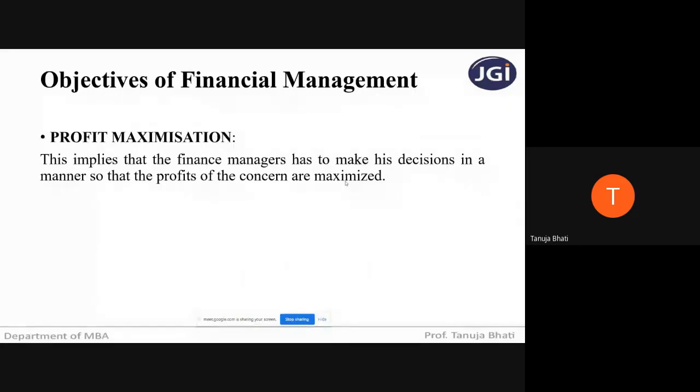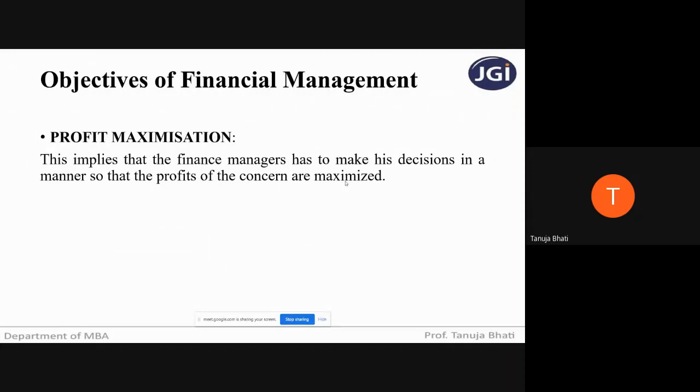So what happens in this? The financial manager will always make his decision in any field of finance only with one thought in his mind, that with this investment my profit should be maximized. He's not worried about all other factors. He's not worried about what is going to be my market. He's not worried about my market goodwill.